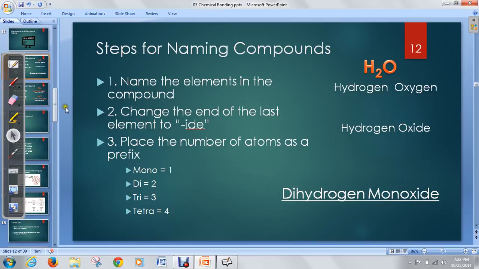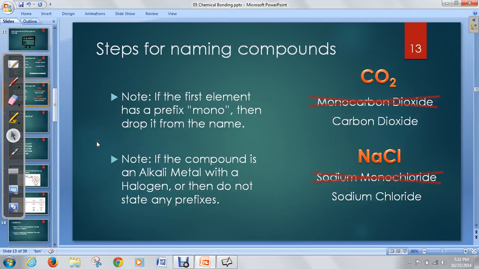But there's a couple of exceptions to these rules. One of those is if we have a compound and the first element just has one, usually you would put the prefix mono to designate one. But if that element is at the front, then we're just going to drop it from the name. For example, CO2: we have one carbon, two oxygens. You might think this is going to be called monocarbon dioxide.